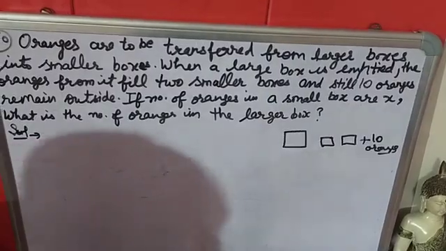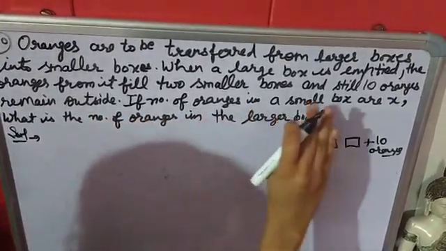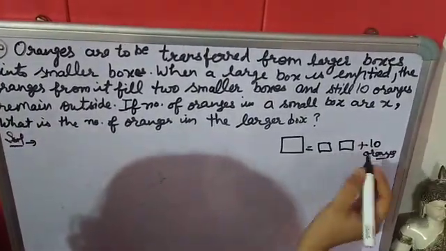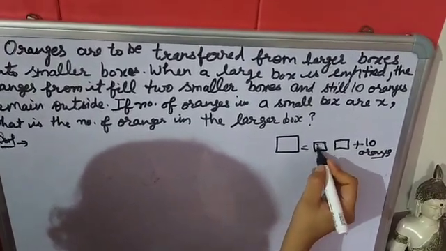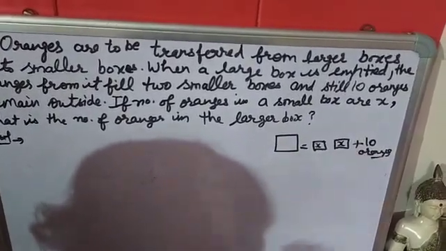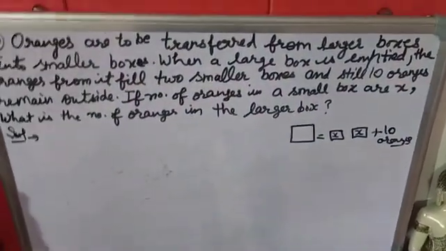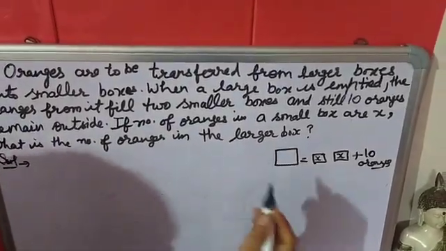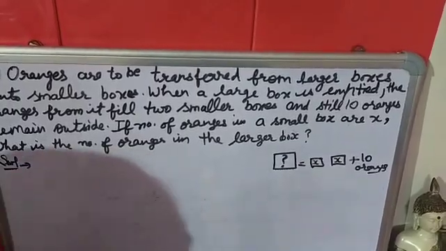So, ठीक है. So he is saying if the number of oranges in a small box is X, in these boxes जो oranges हैं, the number of oranges is X, and in this also the number of oranges is X. So what is the number of oranges in the larger box? Then you have to tell how many oranges in this large box.